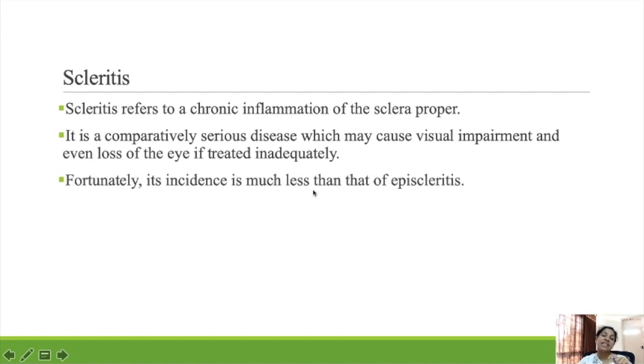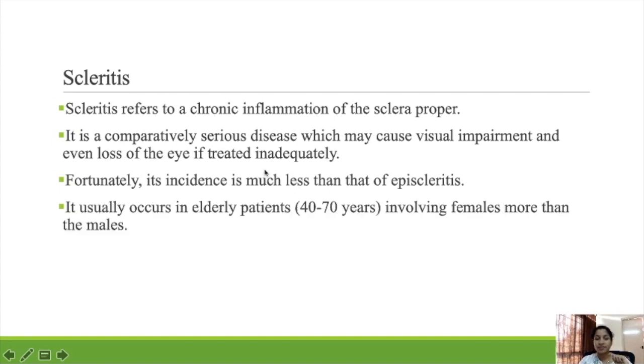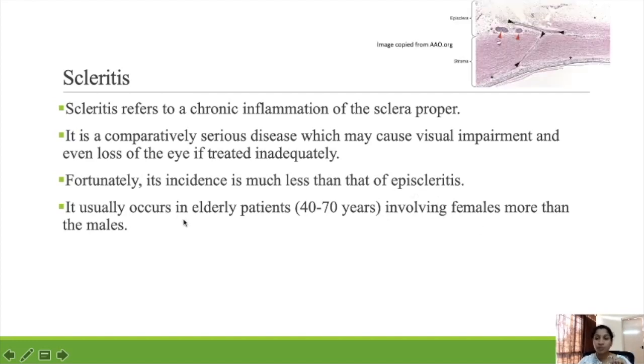Fortunately, its incidence is much less than that of episcleritis, so this is not a common disease. It usually occurs in elderly people, 40 to 70 years, involving females more than males. In this picture you can see the episclera, the sclera proper, and the lamina fusca, the innermost layer.